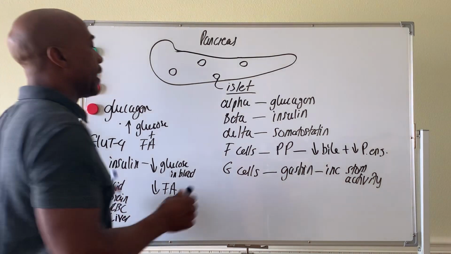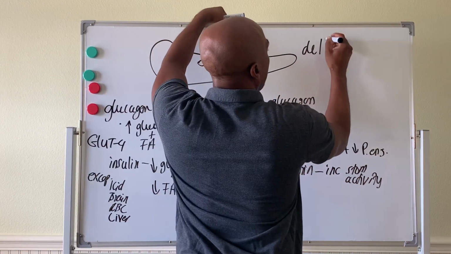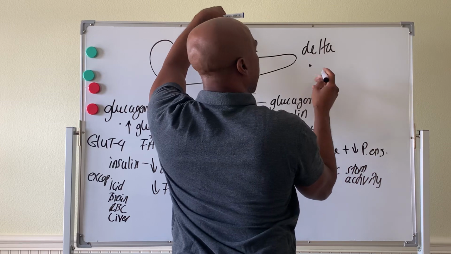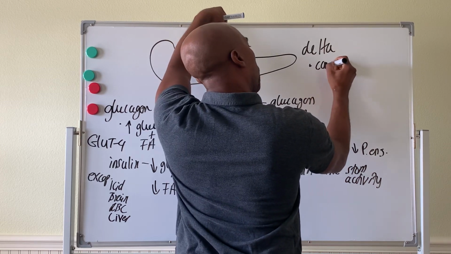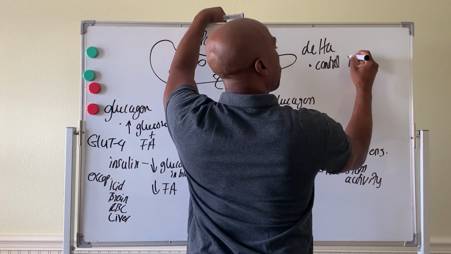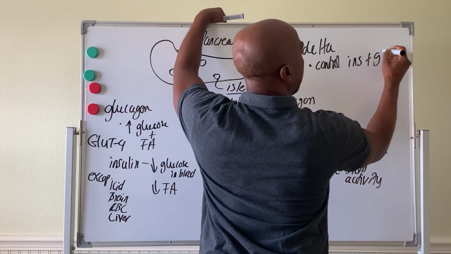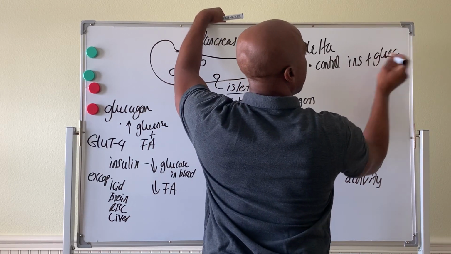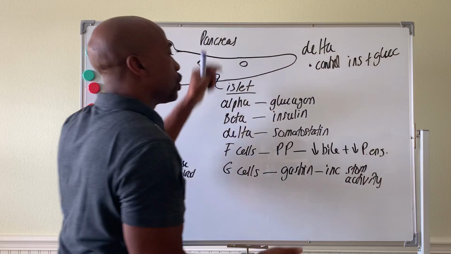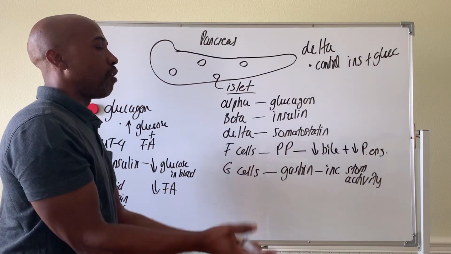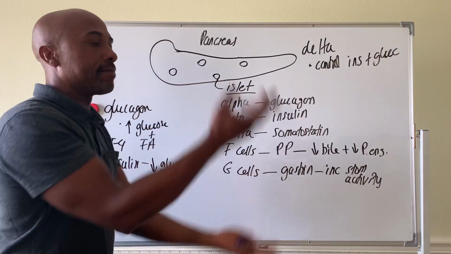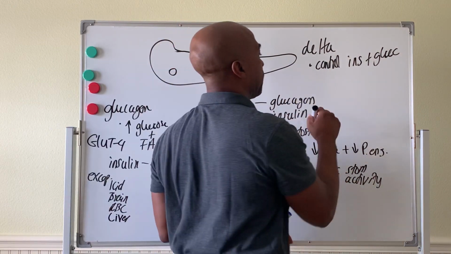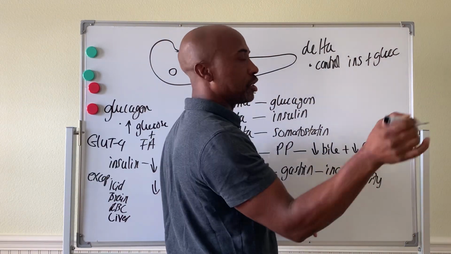And then your delta cells, their job is to control both insulin and glucagon. That way these 2 things are not allowed to move the levels of substrates in the blood up and down rapidly. So it controls them, and that way you keep a constant supply of nutrients in the blood.